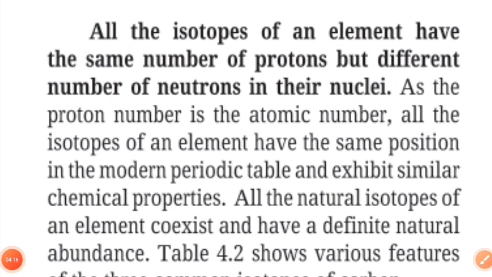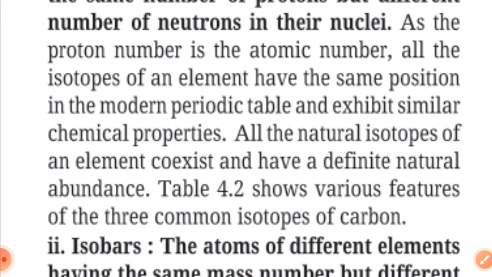All the isotopes of an element have the same number of protons but different numbers of neutrons in their nuclei. As the proton number is the atomic number, all the isotopes of an element have the same position in the modern periodic table and exhibit similar chemical properties.